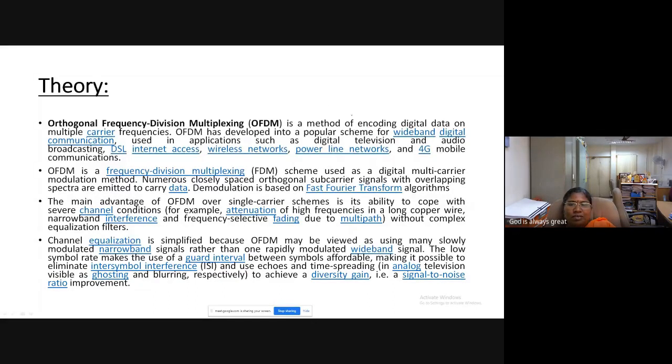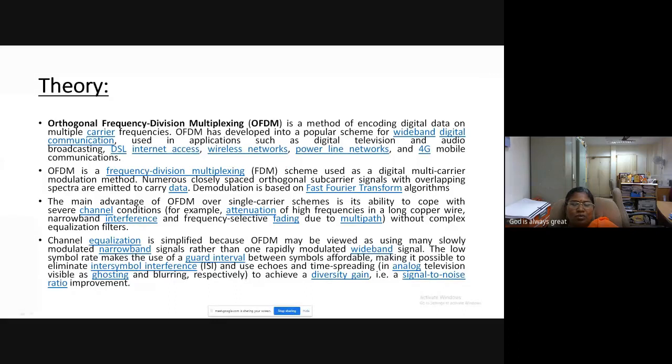OFDM is a method of encoding digital data on multi-carrier frequencies. OFDM has developed into a popular scheme for wideband digital communication used in applications such as digital television, audio broadcasting, DSL internet access, wireless networks, power line networks, 4G mobile communication, etc. OFDM is a frequency division multiplexing scheme used as a digital multi-carrier modulation method.